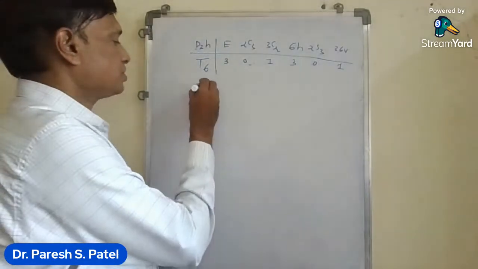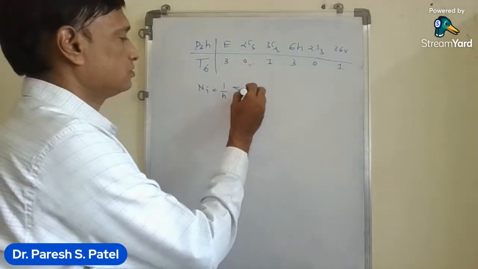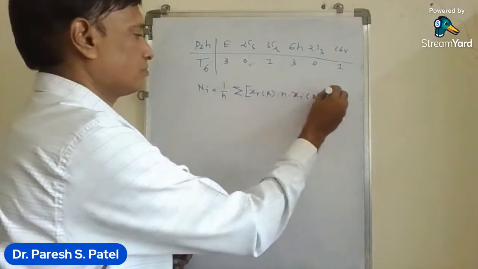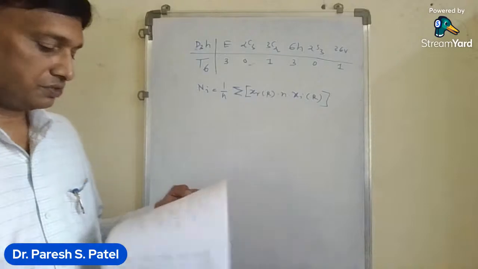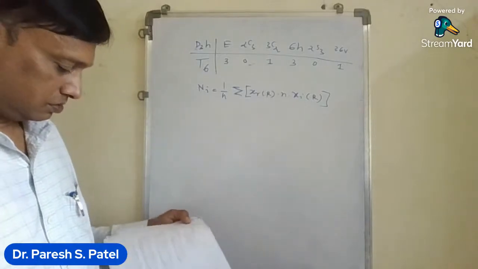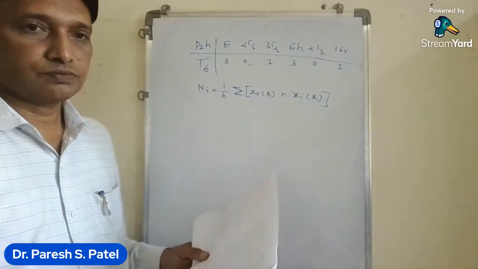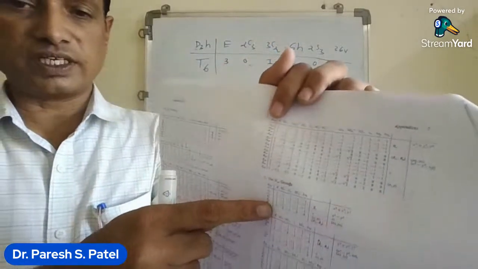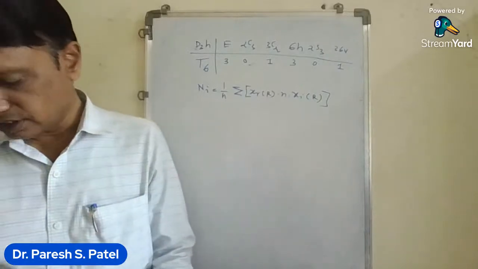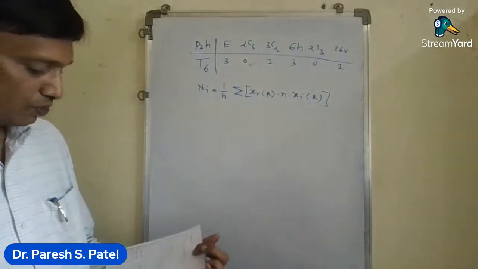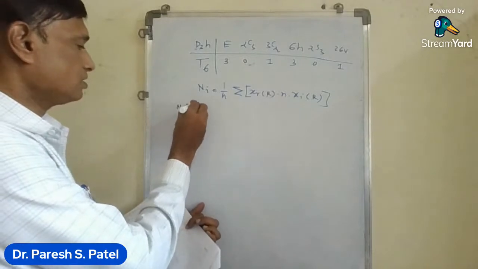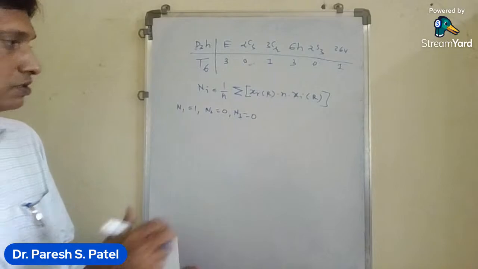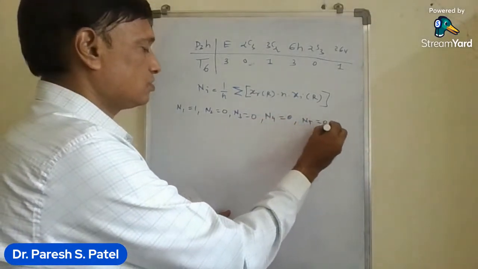If we reduce this reducible representation with the help of the character table for D3h, we get n1 equal to 1, n2 equal to 0, n3 equal to 0, n4 equal to 0, n5 equal to 0, and n6 equal to 1.